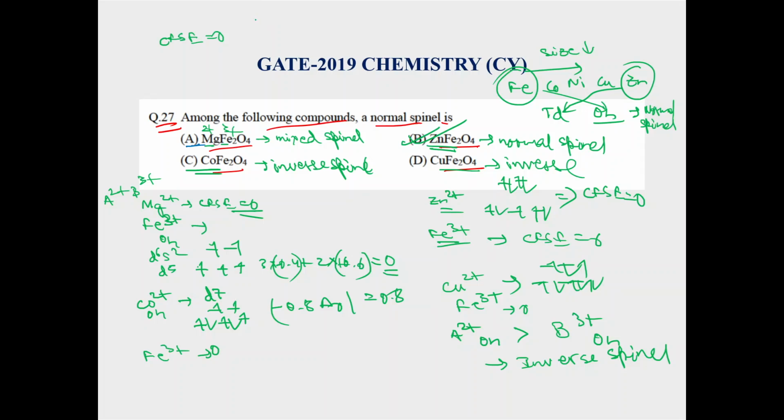So in the periodic table, if we see Mg and Fe, actually, see, magnesium is in the third period, whereas iron is in the fourth period.